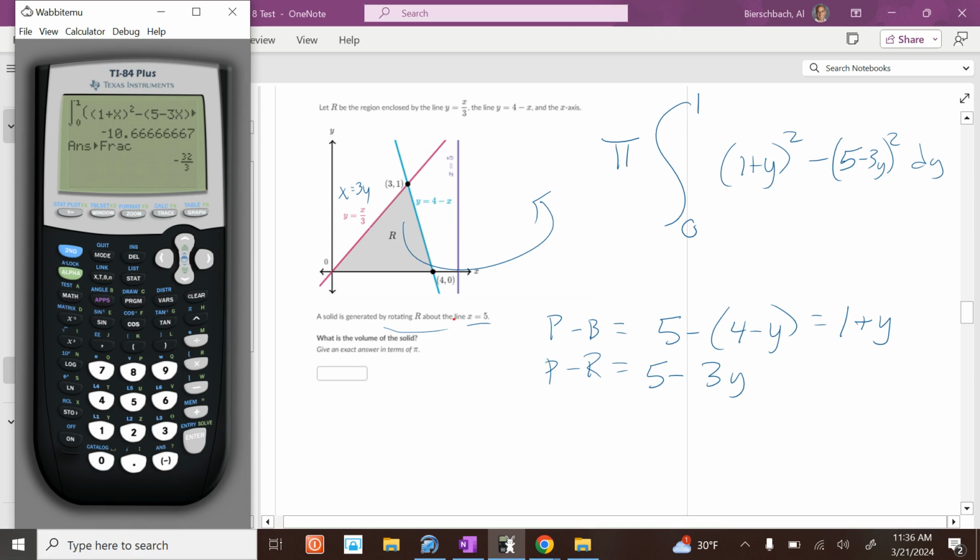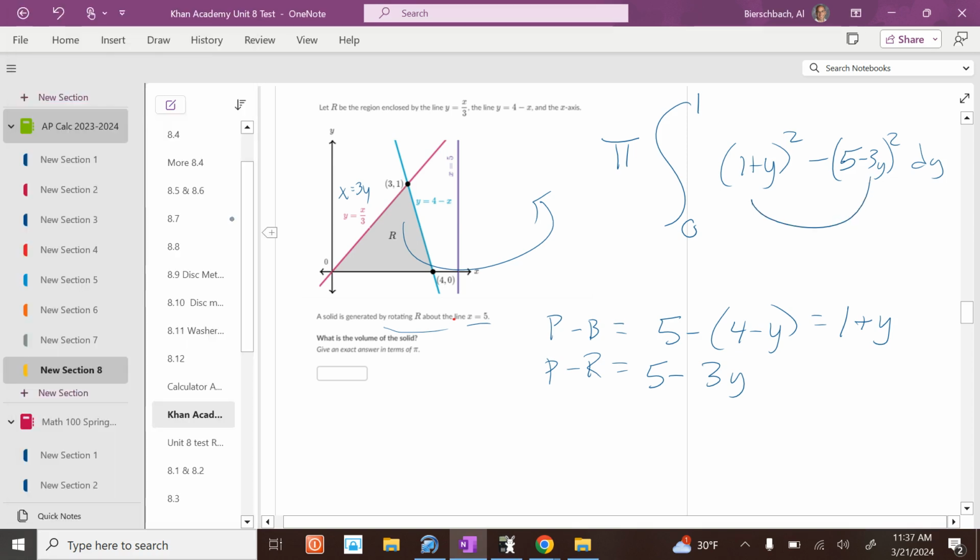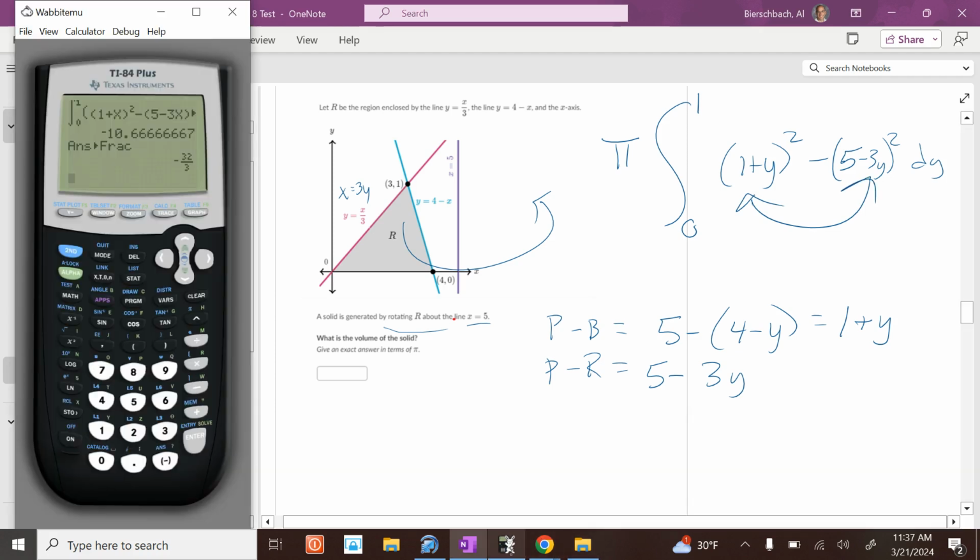Why is it negative? Should be positive. Did you change the first one? You only, like the blue line, is that in terms of? Yeah, because if we move the x and move the y, x equals 4 minus y. So then it becomes 1 plus y. So, oh, it's the further line, it's this minus this. It's the further away minus the closer. Got those backwards.